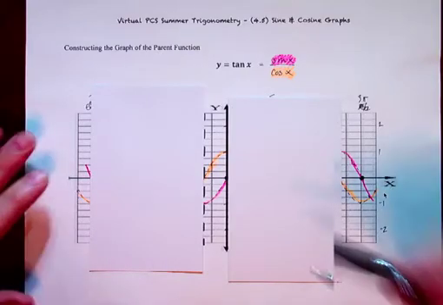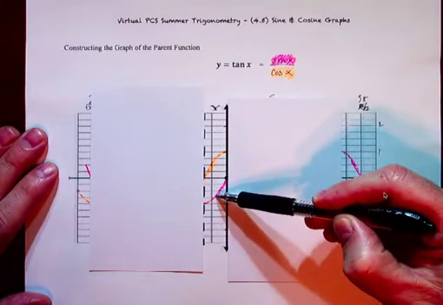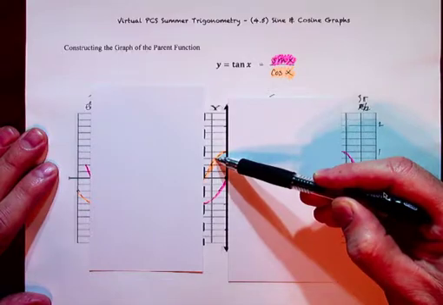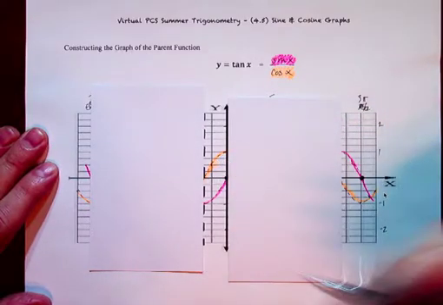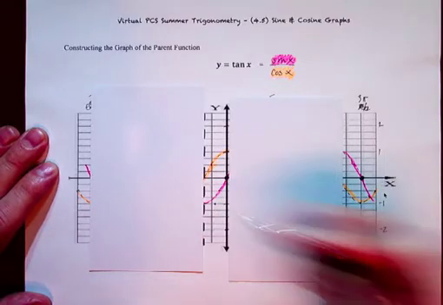So you're going to have a numerator that's negative root 2 over 2 and a denominator that's positive root 2 over 2. So what we have here at negative pi over 4 is negative 1.